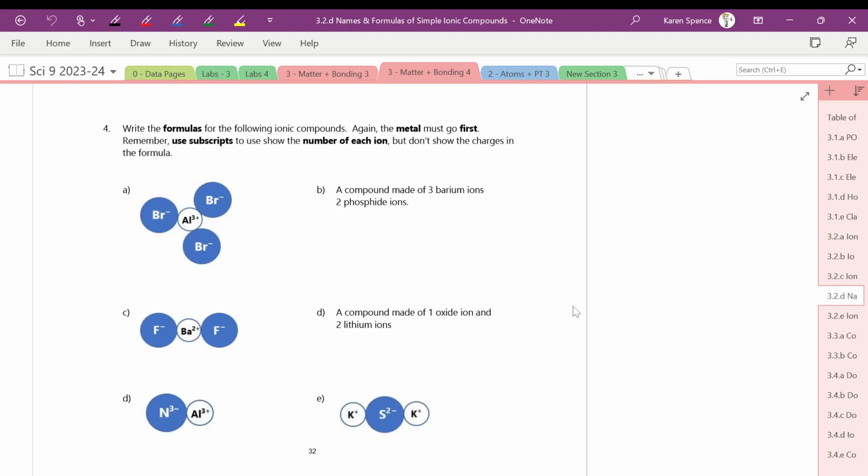Subscripts are the numbers that go at the bottom. Yeah, those guys. So, yeah. How many? Oh, yeah. This one, something like, oh, yeah.